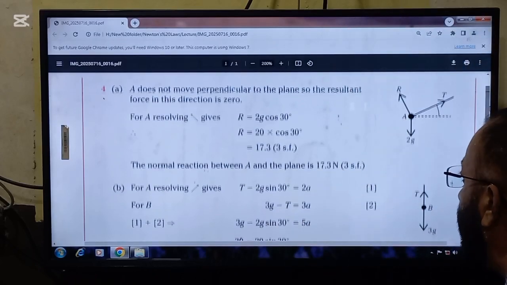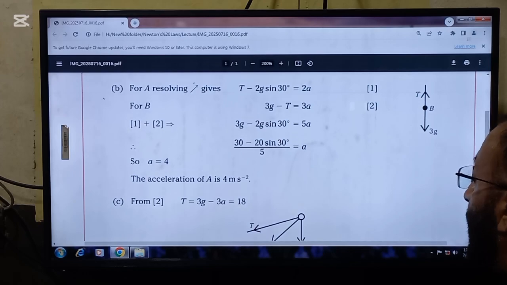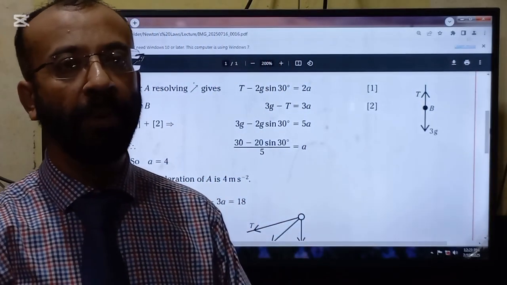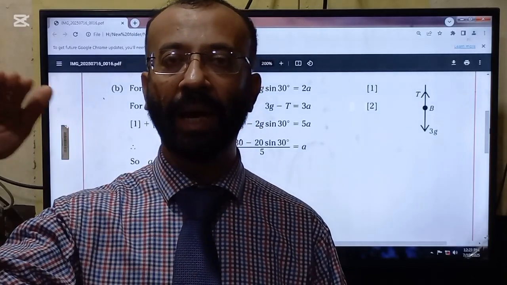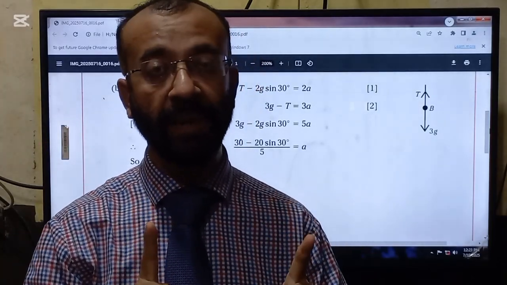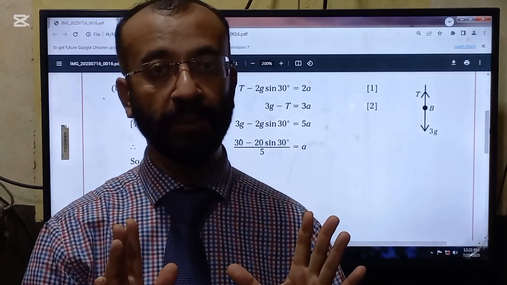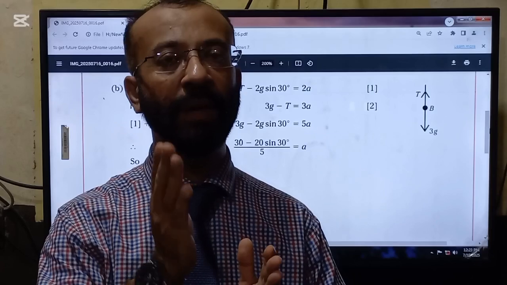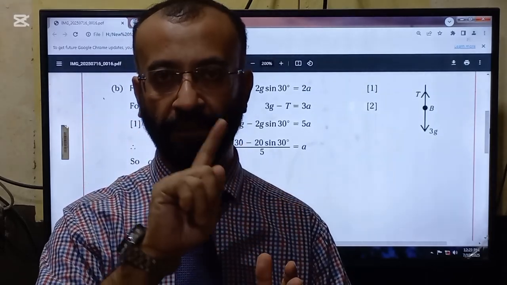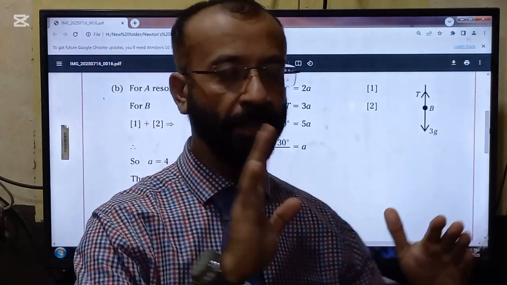Now the second requirement is the acceleration of body A. Body A is moving upward and the plane is smooth, so there will be no friction. This is the important point to be noted. The only factor which will oppose the motion is the component of the weight acting parallel to the plane.